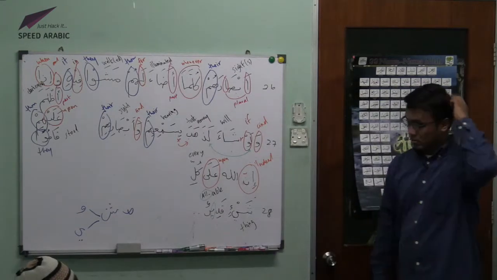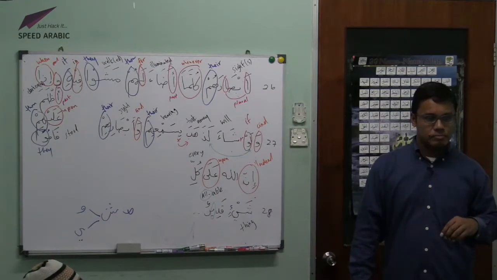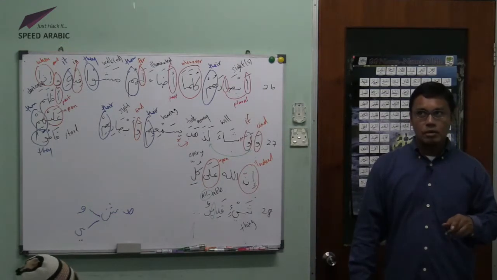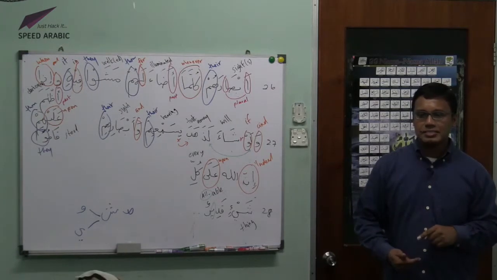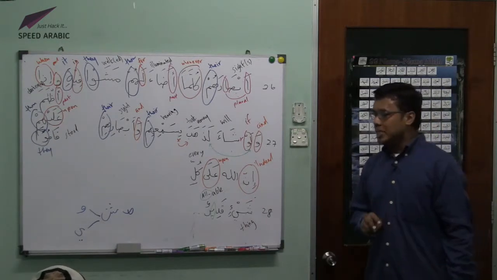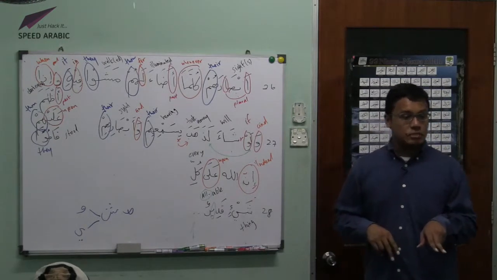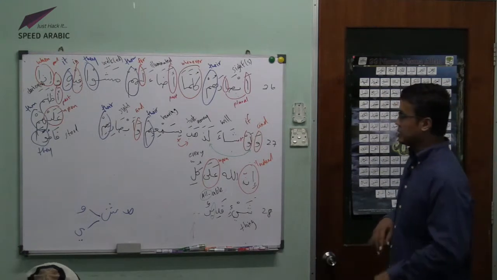So the dictionary meaning for qadara is able. Dictionary, is it? It can be measure. There are two main meanings, which are able and measure.